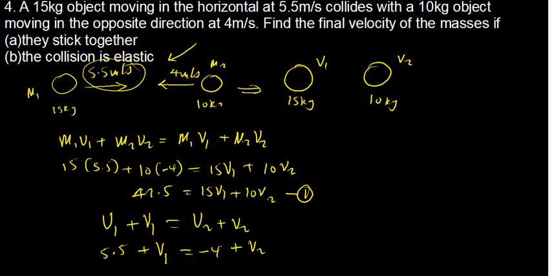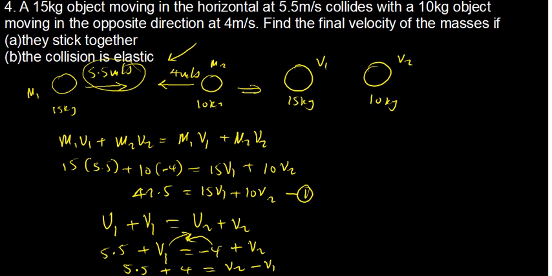So what we can do is take this one to that side, so that we have 5.5 plus 4 is equal to, here we remain with v2, and then we take the v1 over that side, so it becomes -v1.